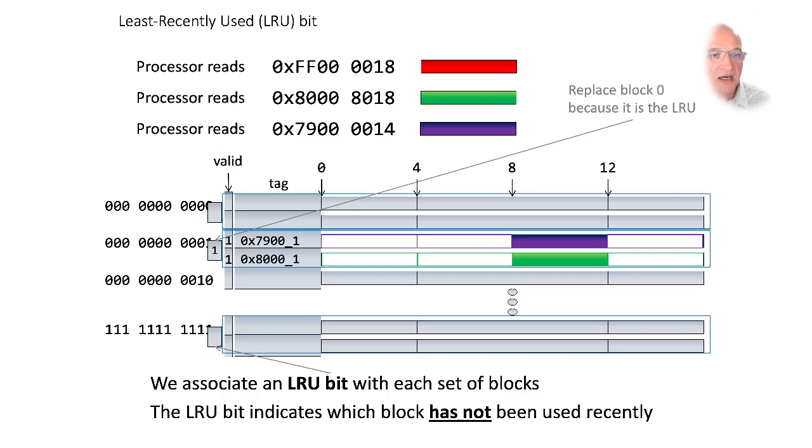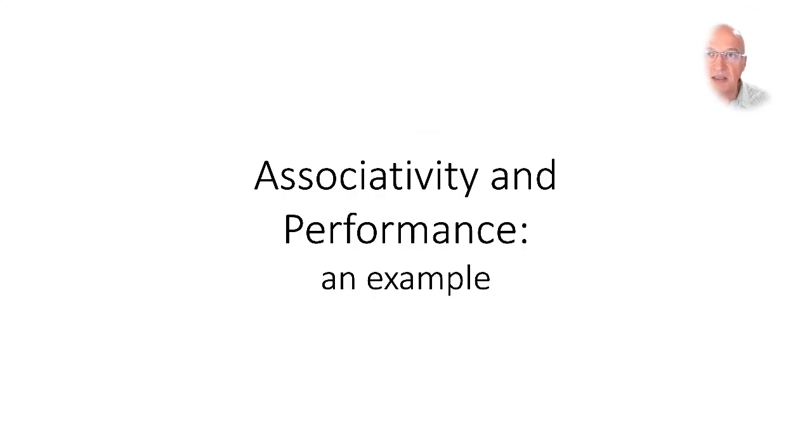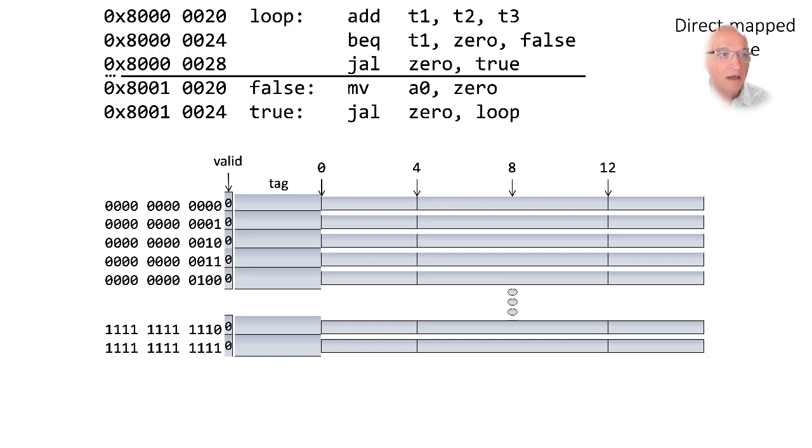So let's see how we relate the associativity of the cache with performance by looking at one example. Let's consider that I'm executing this piece of code here. There is a loop, and there is a jump here that goes to this position here, and then when I get to this position, I jump back to the loop, and this is a branch equal that goes to the false position.